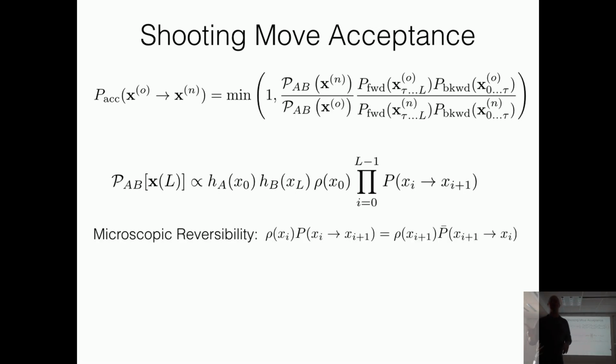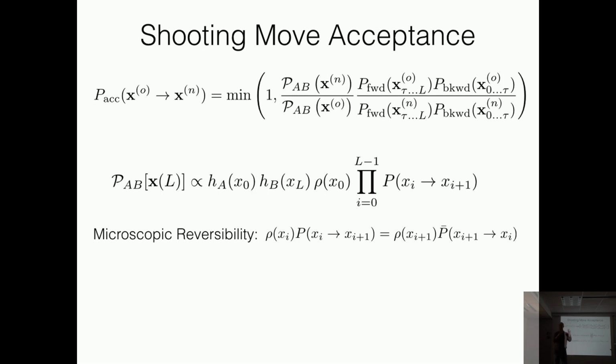This is where we use microscopic reversibility. So the trick here is that because of microscopic reversibility, I can take the row of x0 and p of x0 to x1 and turn that into row of x1 and p bar of x1 back to x0, the reverse dynamics, right? I take this and replace it with this by taking pieces of that out.